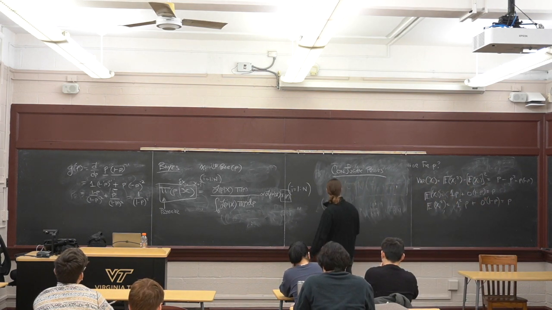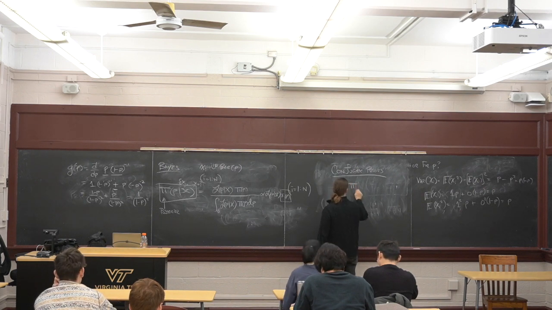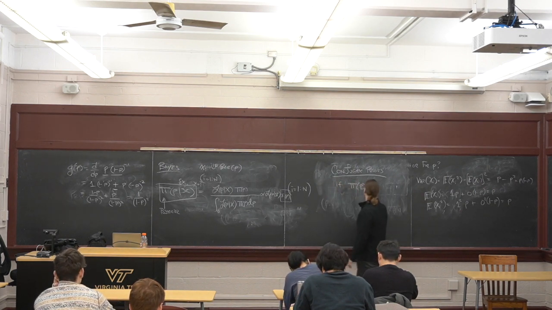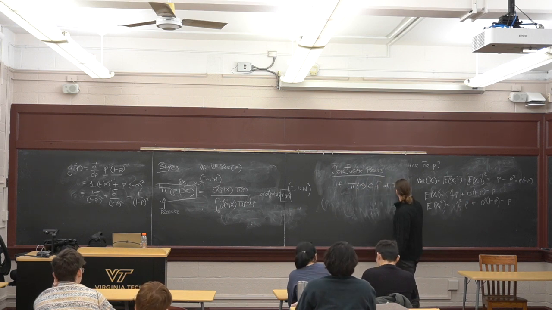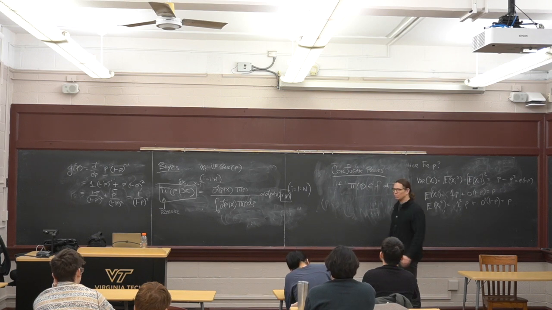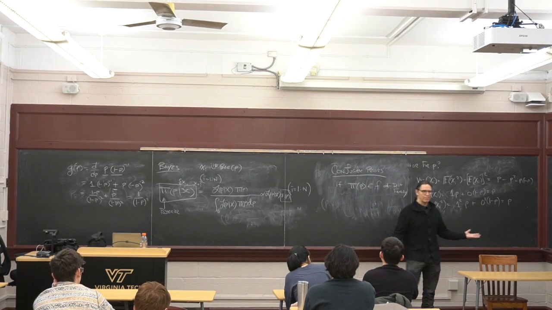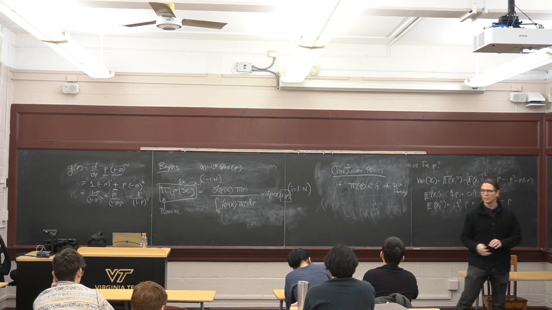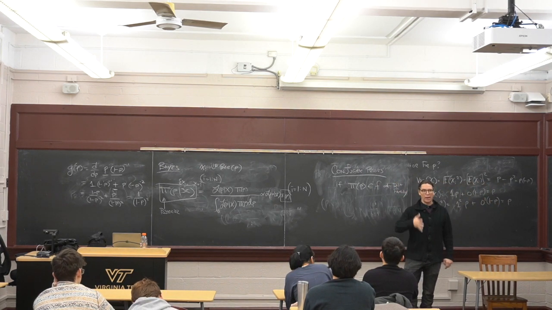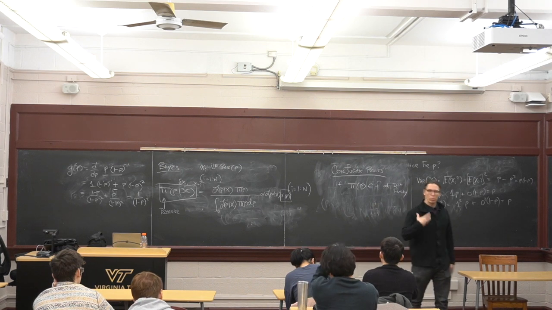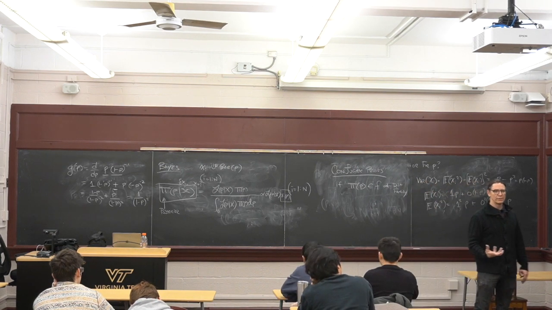So conjugate priors have the property that if the prior lives in some distributional family, I don't mean anything as broad as the exponential family, I mean actual distributions. Like I mean something like a binomial distribution or a Poisson distribution.